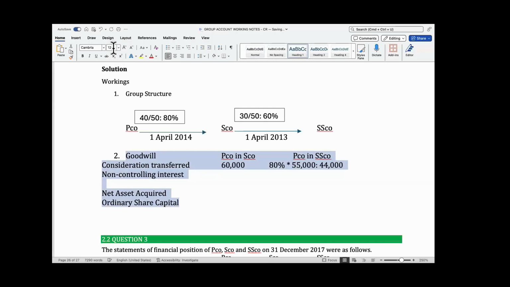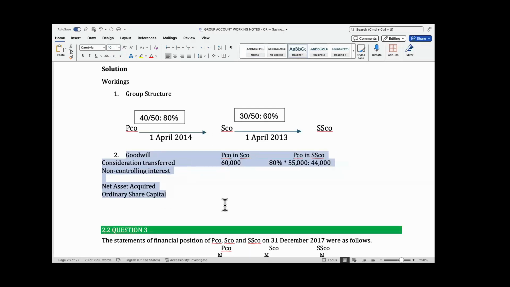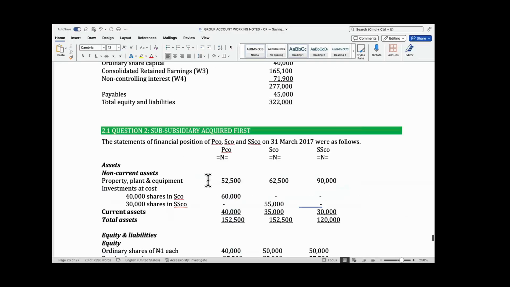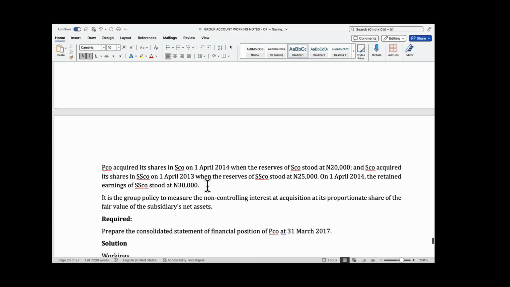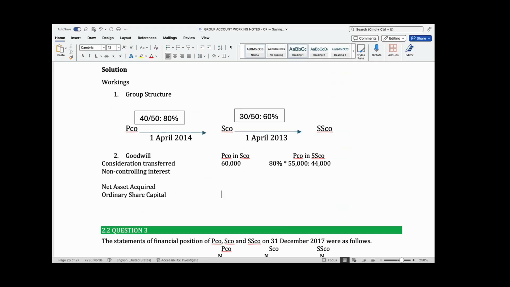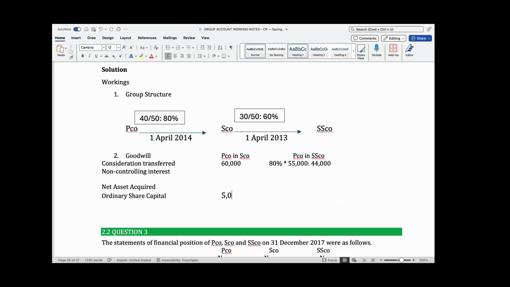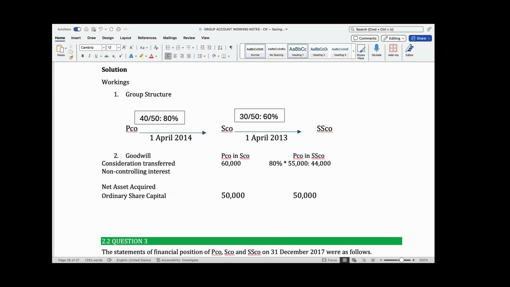What's the ordinary share capital here? This 50,000 and this 50,000. This also 50,000.